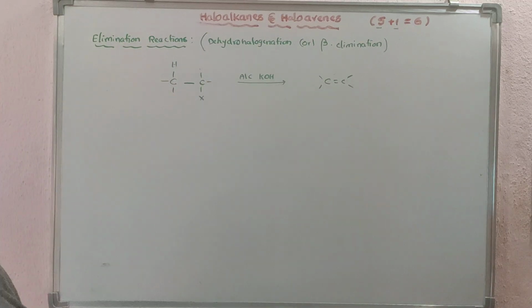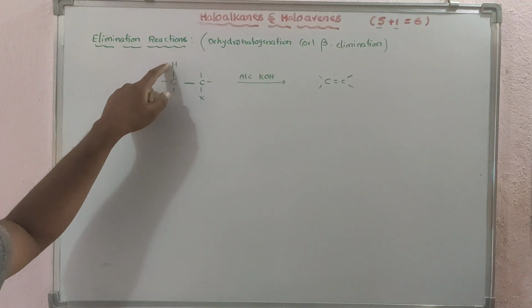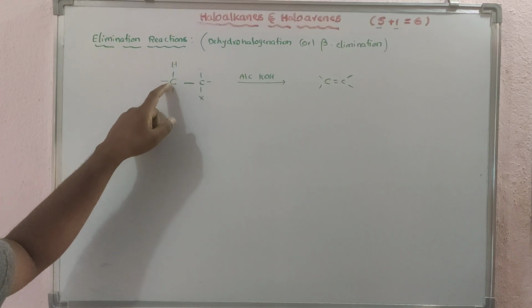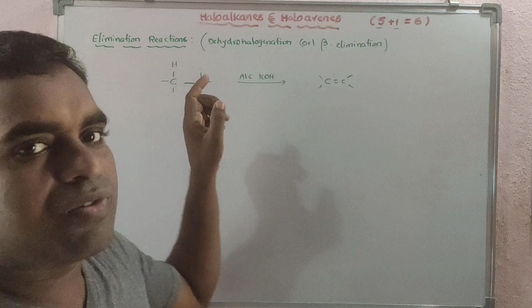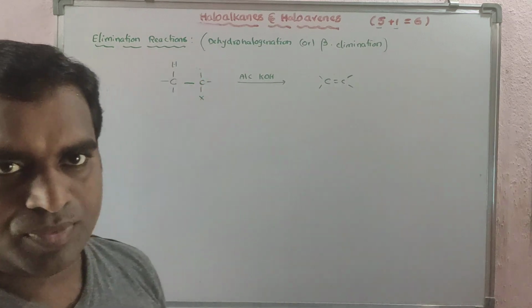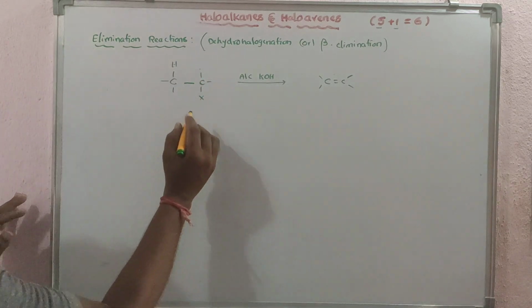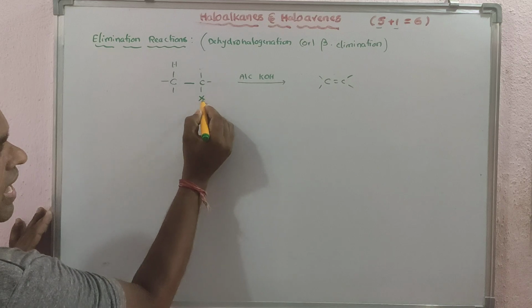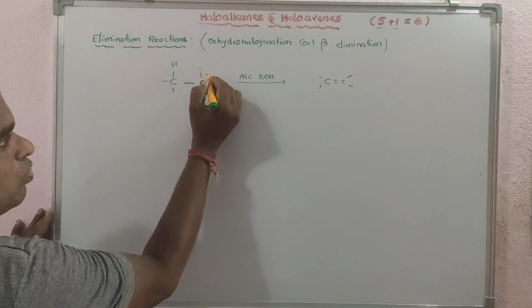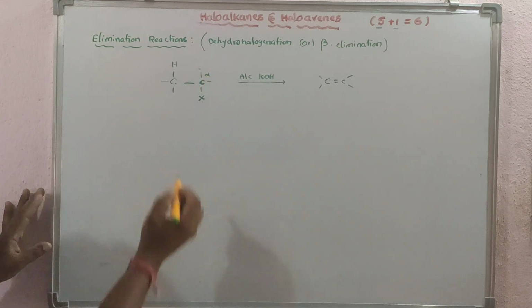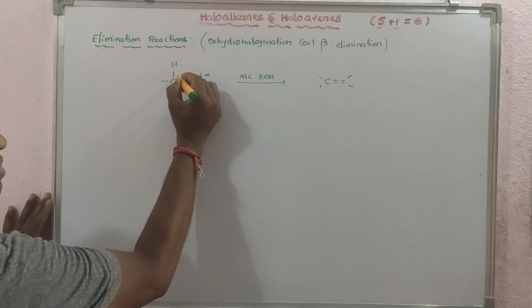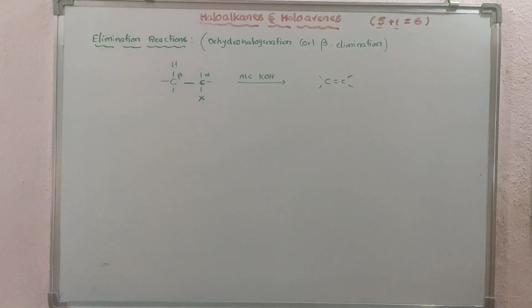In the elimination reactions, hydrogen is removed from the beta carbon, and halogen is removed from the alpha carbon atom. Always remember, the halogen attached carbon we consider the alpha carbon, and the carbon next to it we consider the beta carbon.